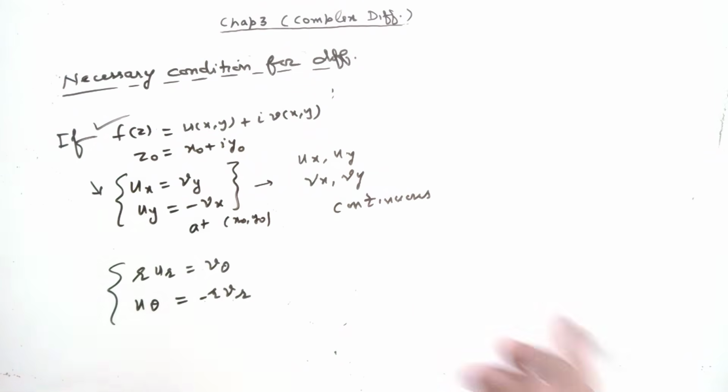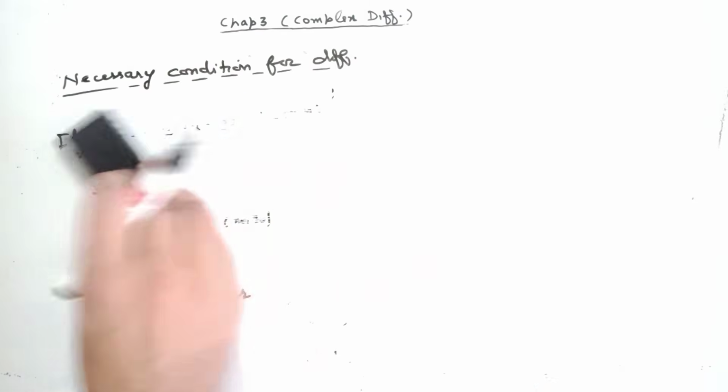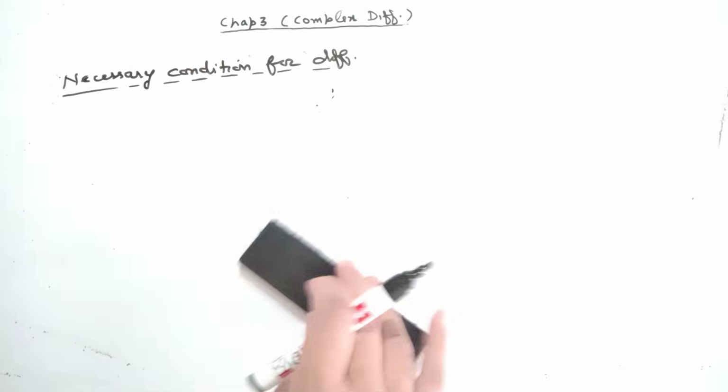So these two together constitute the sufficient condition for differentiability. So you have to show the continuity along with CR equations. You have to show the continuity of the four partial derivatives. Then you can say the function is differentiable.